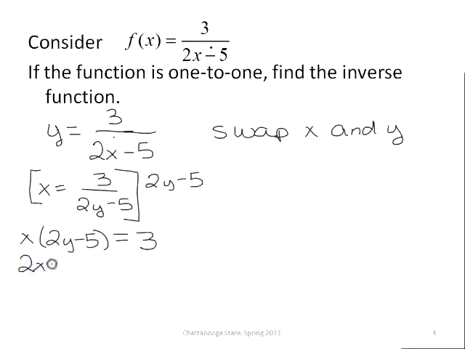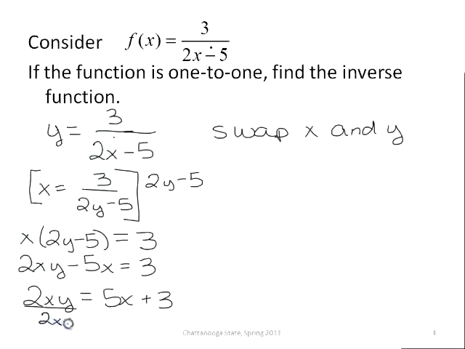So we still are trying to solve this for y. So I'm going to distribute my x. That'll give me 2xy minus 5x equals 3. I'll add the 5x to both sides. So I have 2xy equals 5x plus 3.